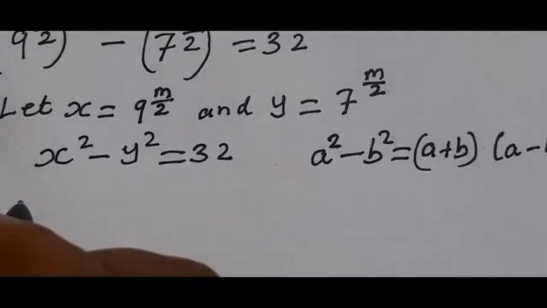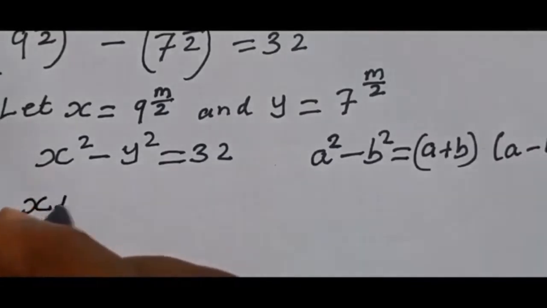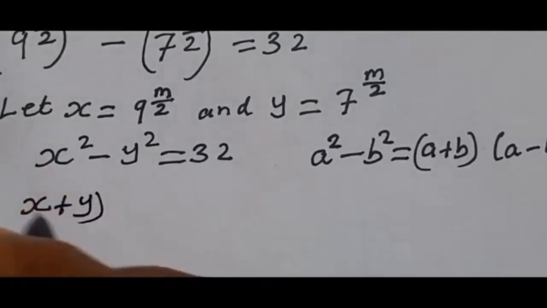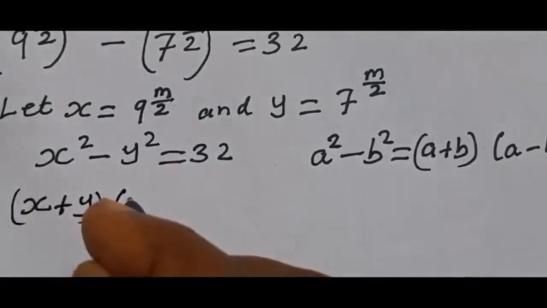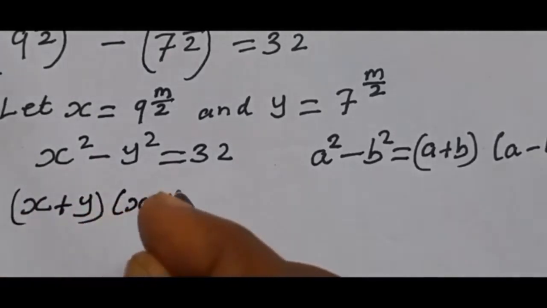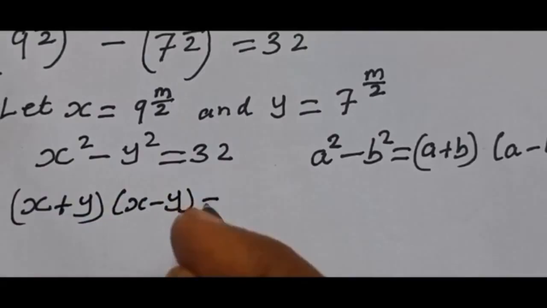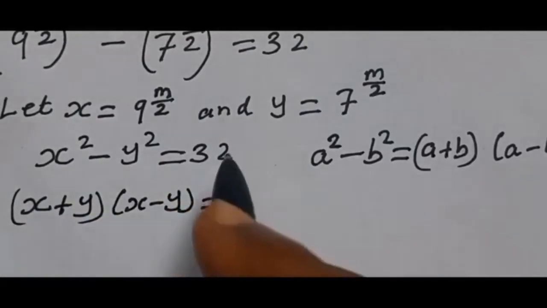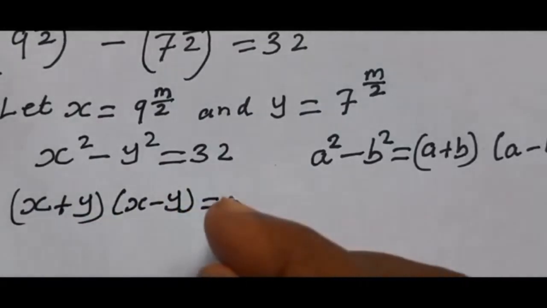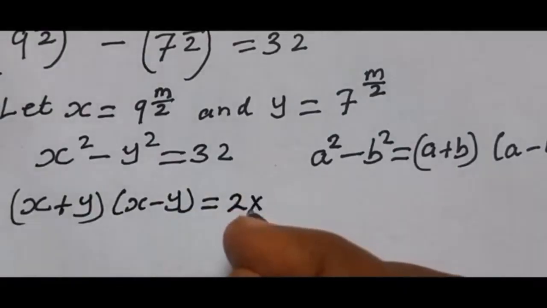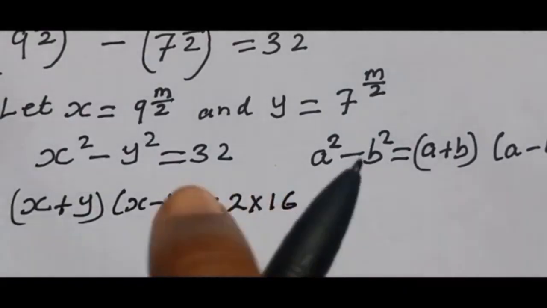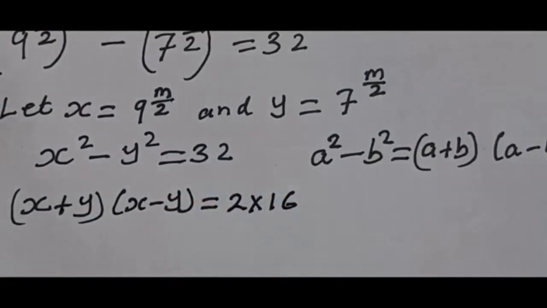So we have x plus y in the bracket, x minus y in the bracket equals 32. 32, this is 2 times 16. 2 and 16 are the factors of 32.